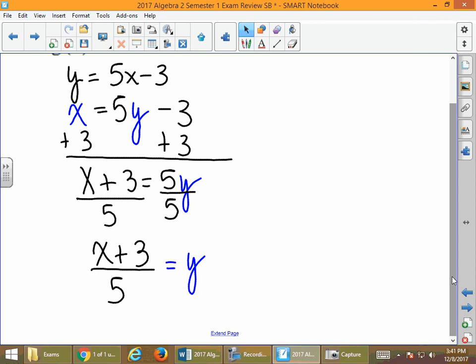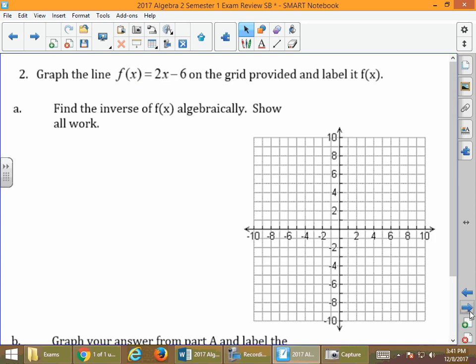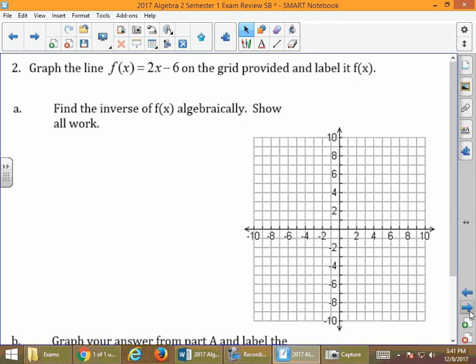Now also in this unit, what we did is we did some graphing. So as we look at problem number 2, the first part of number 2 says graph the line f of x equals 2x minus 6 on the grid provided.